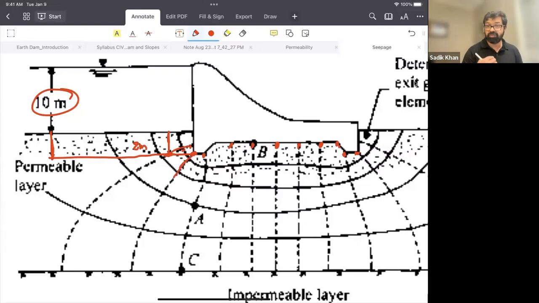So from 12 meter you need to find the drops, not from the difference. Maybe this difference is 1 meter, so your total head difference is 11 meter, not 10 meter. From that 11 meter, you need to find how many drops we have.